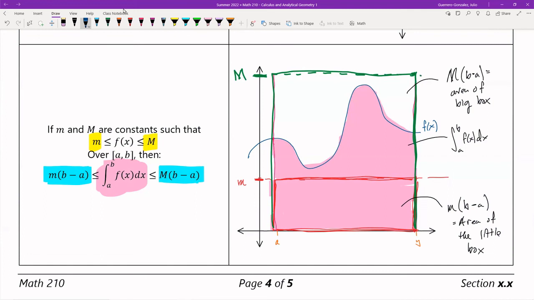And suppose that my function is bounded above and below by a little m and a big M. Then the area under my curve f of x has to be bigger than the area of the small box, so this one right here, and it's got to be smaller than the area of the big box.